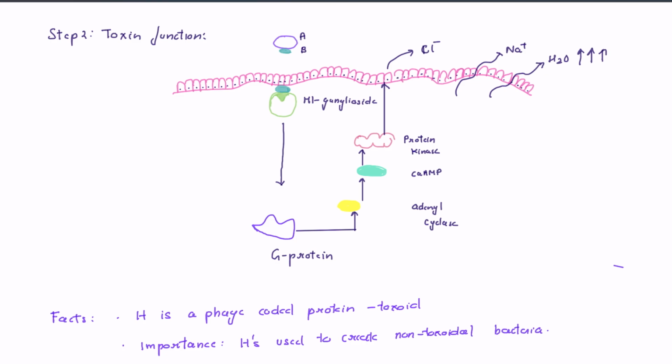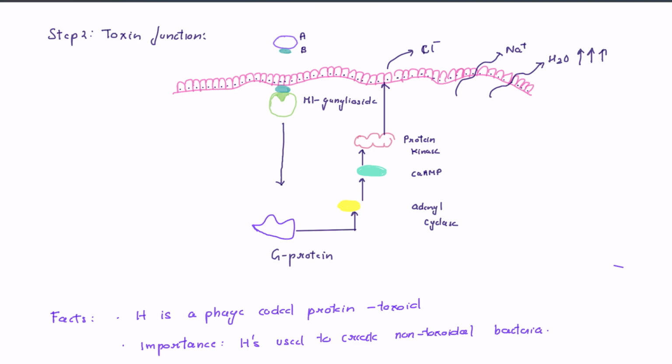The B subunit binds to the GM1 ganglioside receptor, and it causes the internalization of the A subunit, the A toxoid. So the A toxoid comes and activates the G protein. So what does this G protein do? It has an effect on adenyl cyclase.